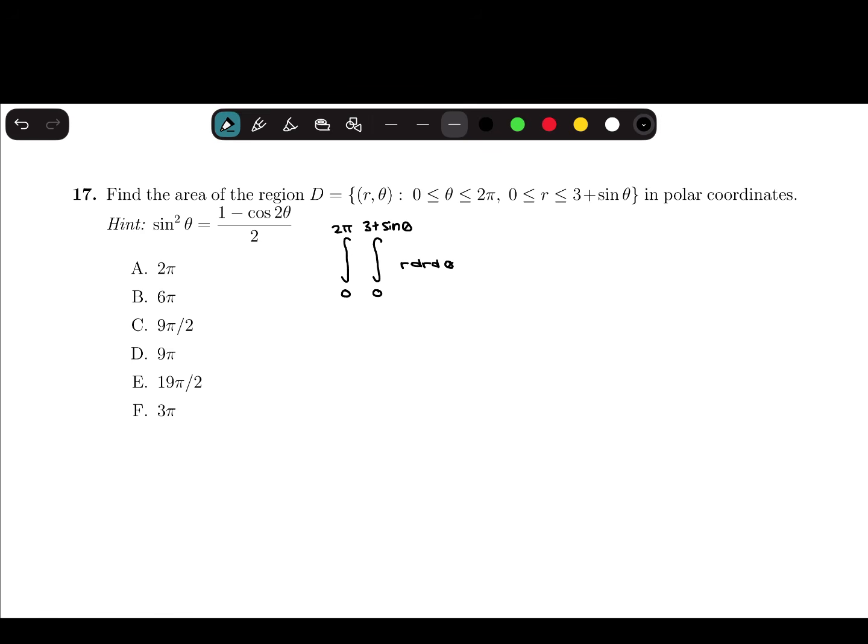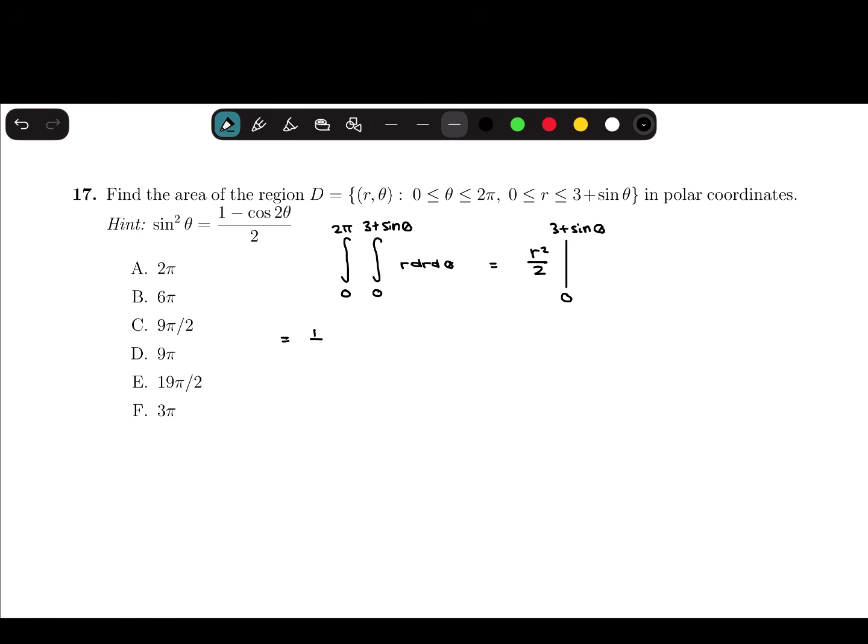So let's solve for r first. When you integrate r with respect to r, you just get r squared over 2, integrating from 0 to 3 plus sine of theta. Okay, this might be some long math, but I'm going to pull the 1/2 out. So I'm going to do this down here.